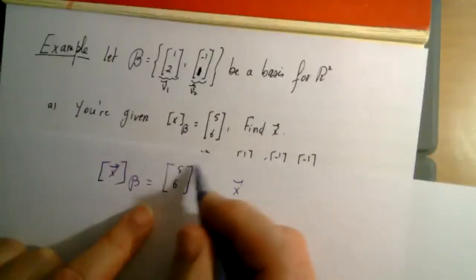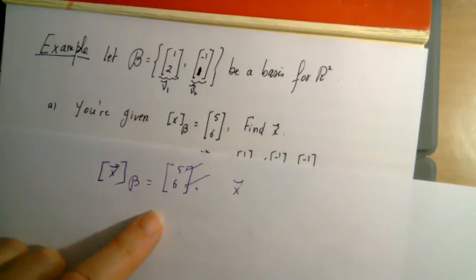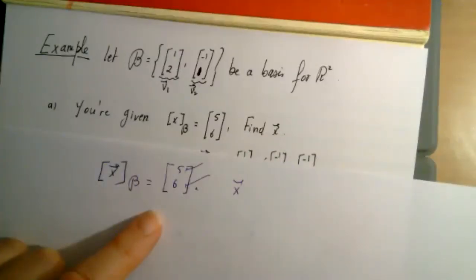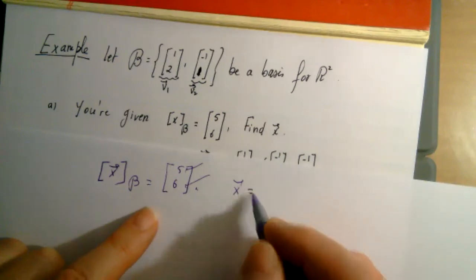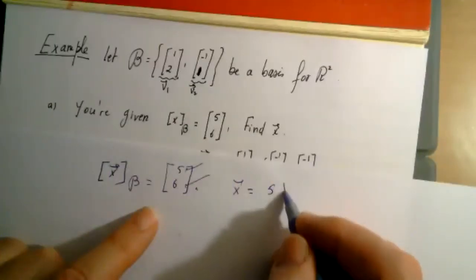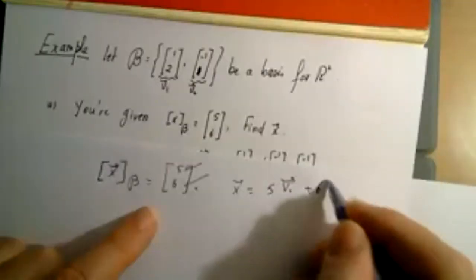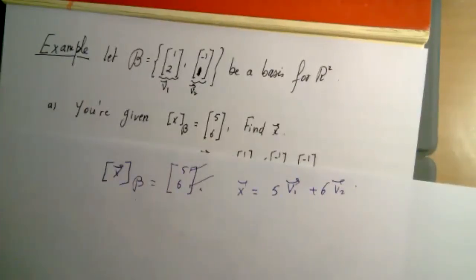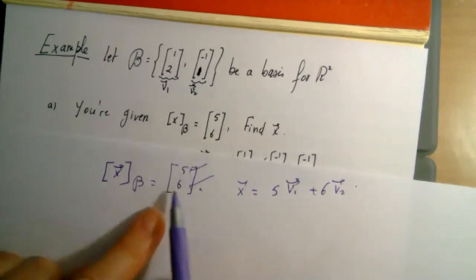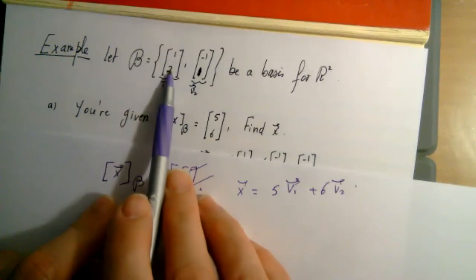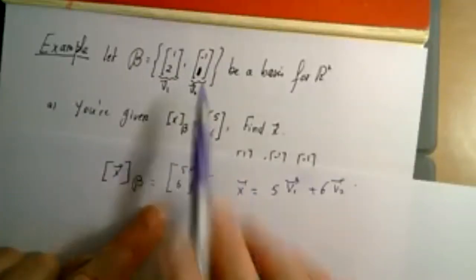It means that 5 and 6 are the weights that I should put on V1 and V2 to get the vector X. So this means that the vector X is actually 5 times the first basis vector plus 6 times the second basis vector. So I'm telling you, if you want to get the vector X, you have to go 5 units in this direction, and you have to go 6 units in this direction.